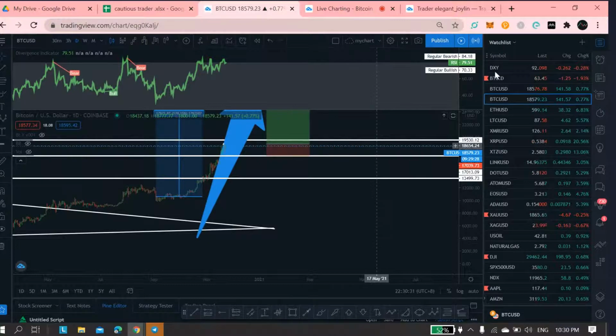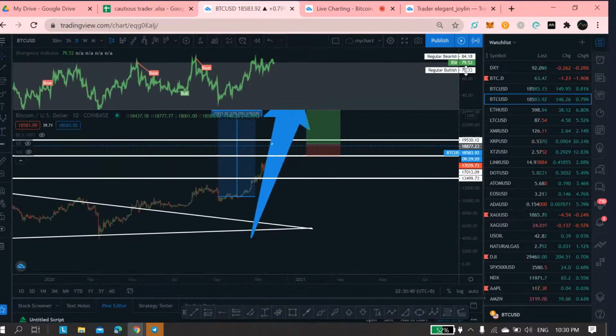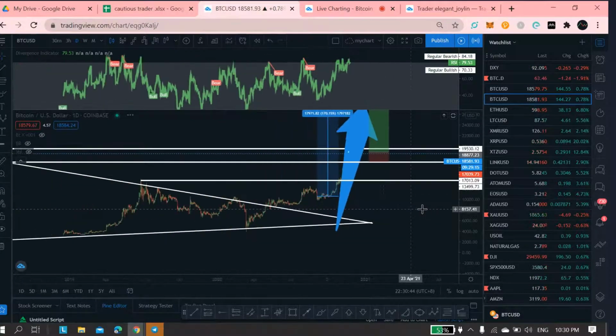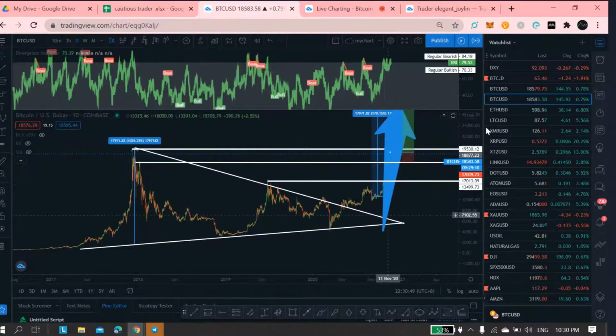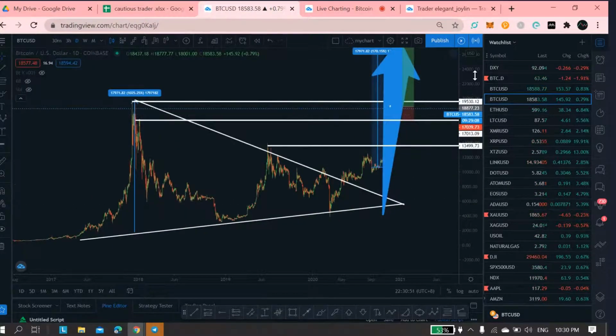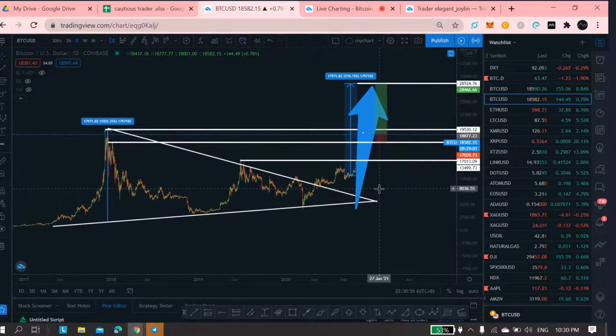Using this candlestick, its RSI is already at 79.51. Could possibly retest this area more than 80 or around that 84 area. There's still a possible upside before it pulls back. So let's see. Actually, I'm looking at it to retest close to 19,200 to 20,000 this week. So let's see.